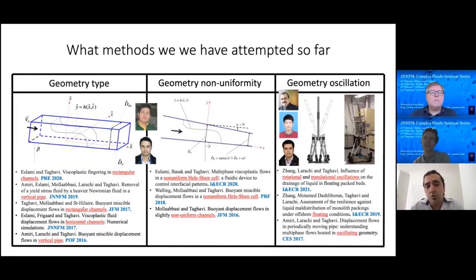In our group, we have tested a variety of methods to enhance the displacement efficiency for different types of flows. For example, in these works, we have considered the geometry type. In a few papers, we have looked at rectangular channels, horizontal and vertical pipes.